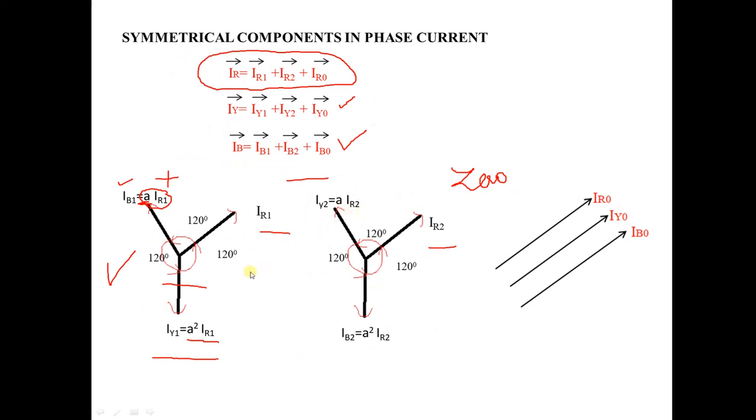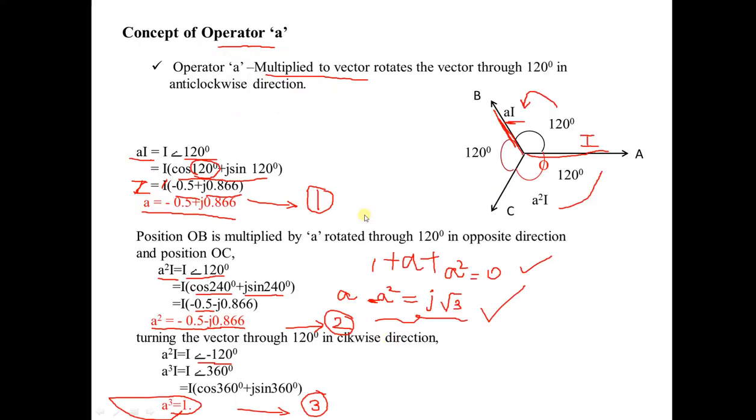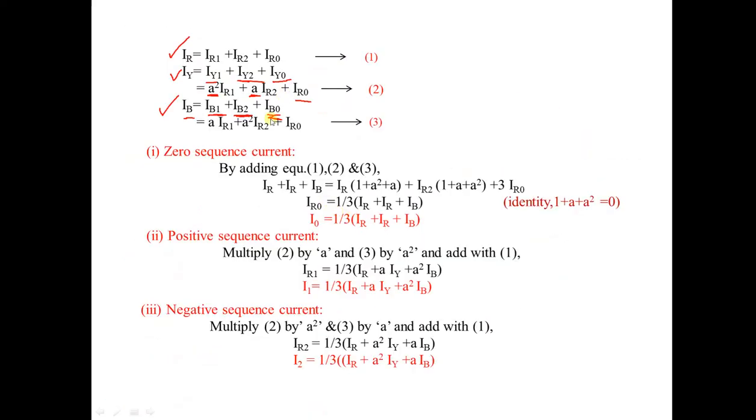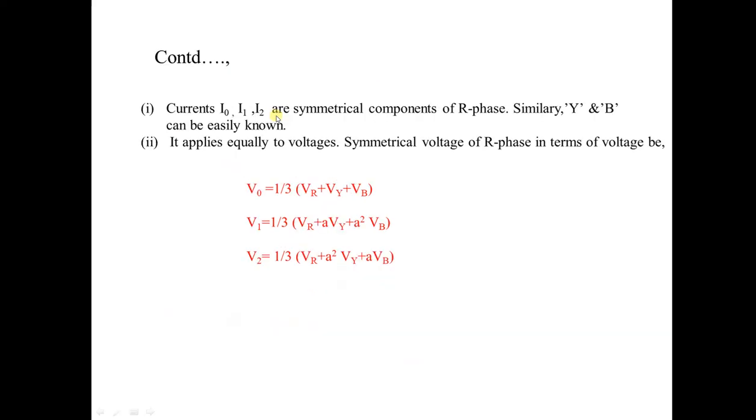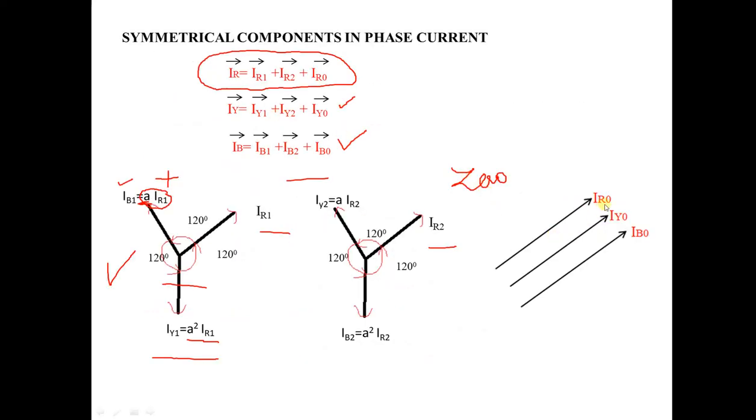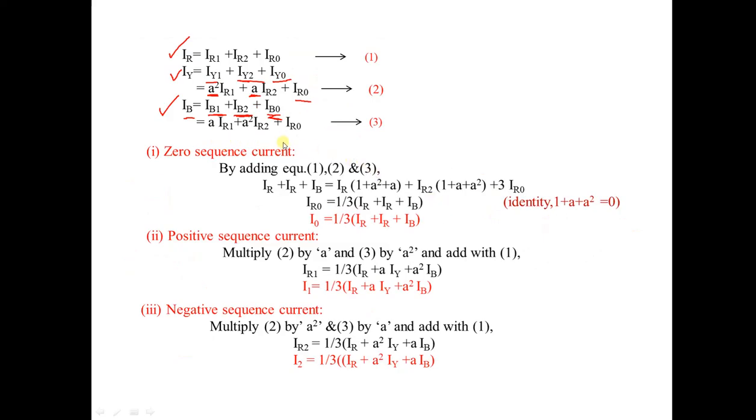Similarly for IB2, I can write this as A square IR2. And for IB0, all are equal, IR0. So all are written in terms of R phase, just applying the operator A, and we keep these as equations 1, 2, 3.